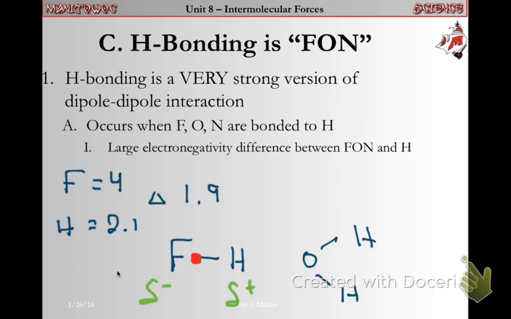Alignment is actually really important when it comes to intermolecular bonding. And so we get a nice attraction between those two molecules. Again, it's due to the fact that the difference in electronegativities between hydrogen and the fun atoms is so strong that we get this incredibly strong hookup, this incredibly strong attraction between the molecules.